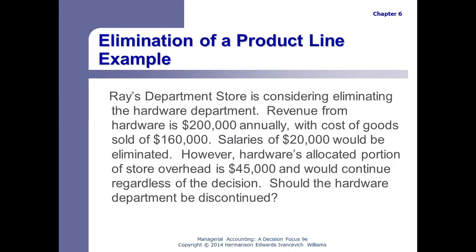Salaries are $20,000, and if they got rid of the hardware department, those salaries would go away, of course, because the people that worked in the hardware department would not be needed. The hardware department's allocated portion of the store overhead is $45,000, and that would continue regardless of the decision.